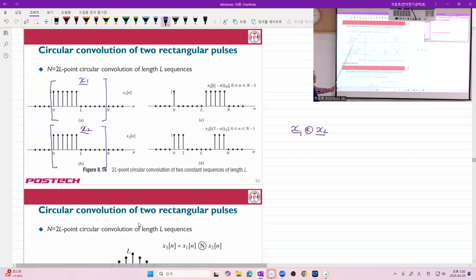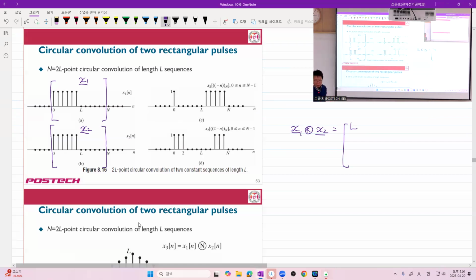So you have, in this case, capital L. Just a second, do we need to divide by N? No, this is just the circular convolution. So we have L. And if we circular shift this one, then what happens? This moves to the right, and you have 0 here.